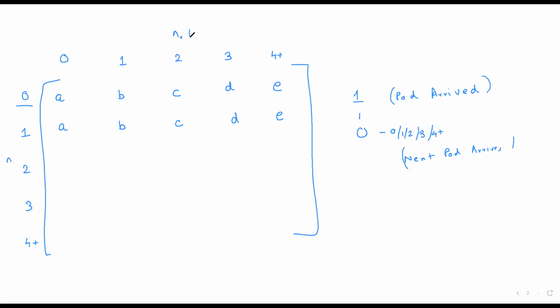You want me to describe X_n, the number of passengers waiting at the exit when, let's say, the nth pod arrives. That would make more sense, maybe, when the nth pod arrives.